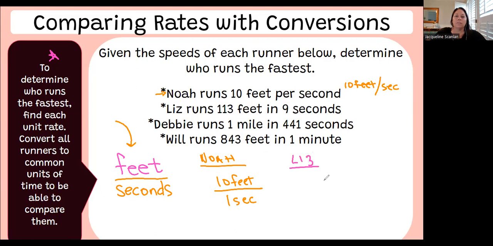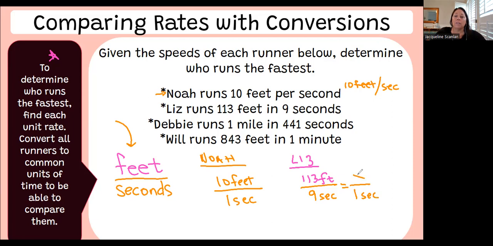Okay, so Liz goes, again, we want feet on top and seconds on the bottom. She goes 113 feet, and FT is the abbreviation for feet, in 9 seconds. All right, now in order for me to compare that to Noah, I have to create a unit rate. I have to get this denominator to be 1 second.